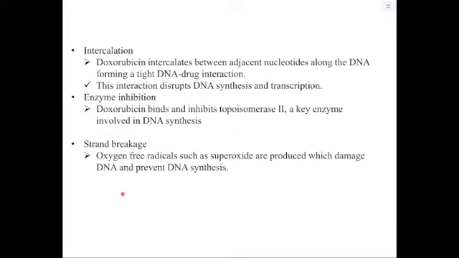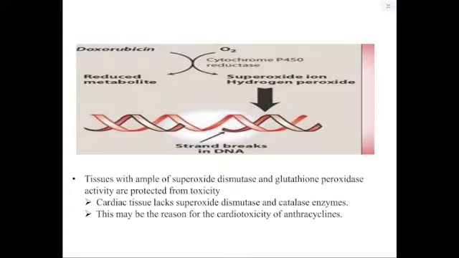It can also bring strand breakage, as we had already discussed, by generating oxygen free radicals like the superoxide, and this will damage the DNA, causing cleavage or breakage, and therefore preventing DNA synthesis.